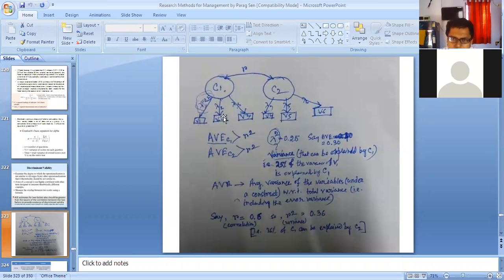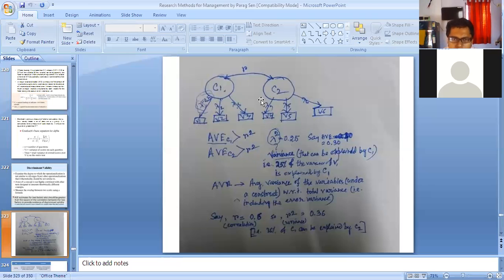Because ideally speaking, this average variance extracted should be greater than the small r square. I have already said that r is the correlation coefficient, and r square is the coefficient of determination.